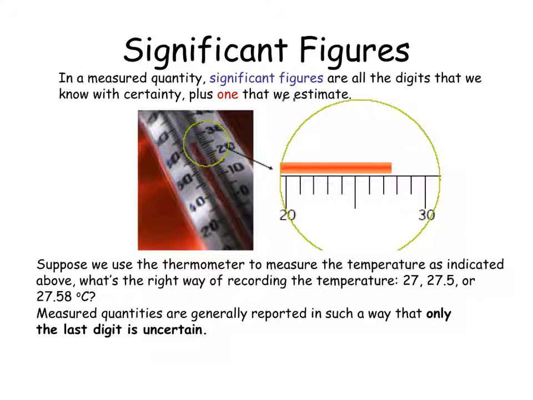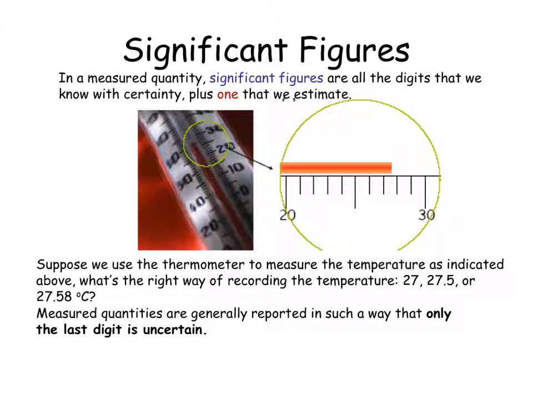So when we're talking about measured numbers in particular, the significant figures are all the digits that we know for sure from our measuring tool, plus the one more that we estimate.